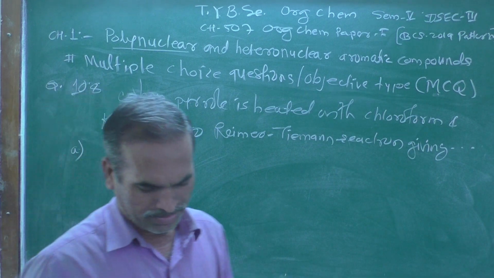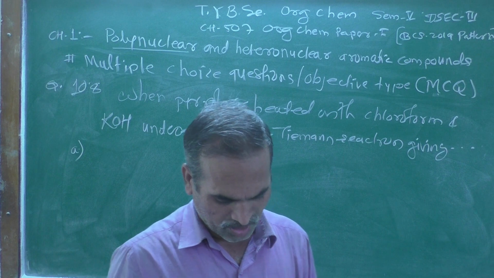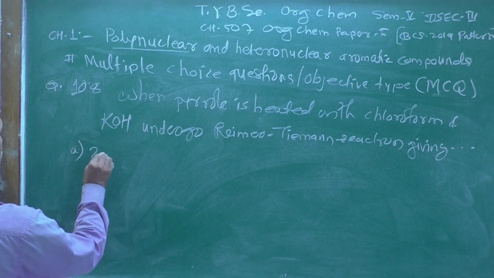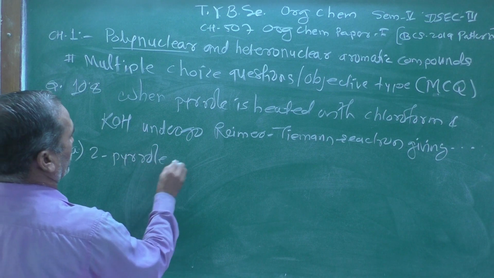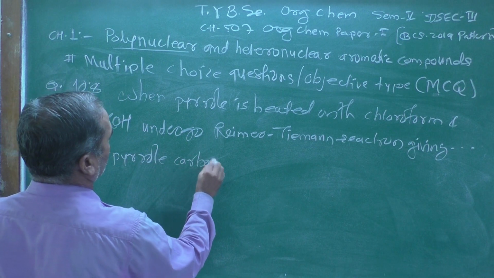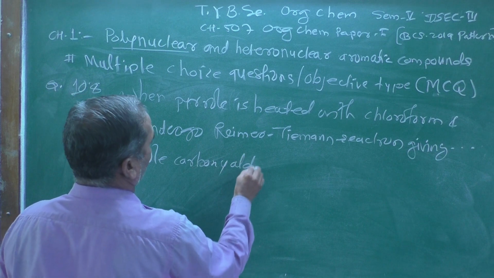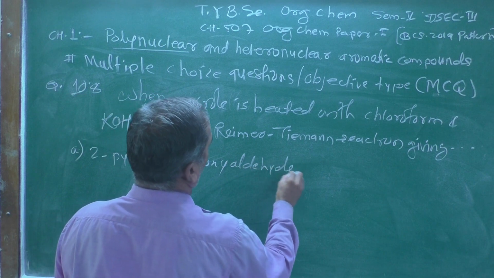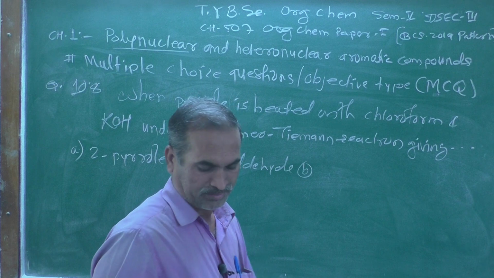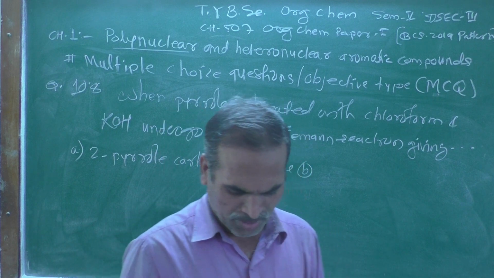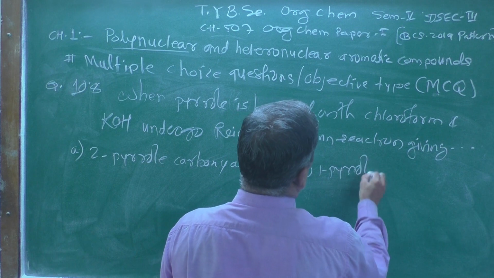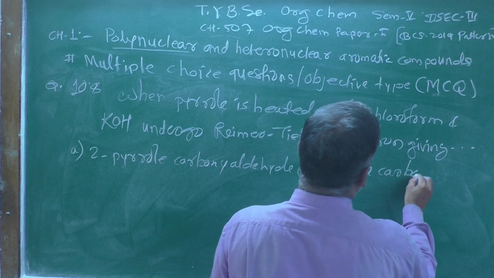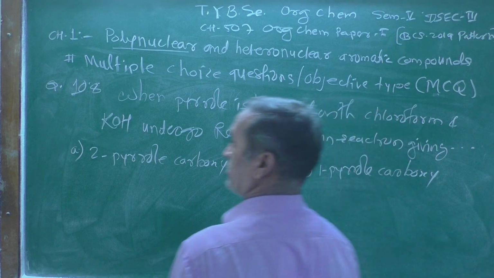A would be 2-pyrrole carboxaldehyde. B would be 1-pyrrole carboxaldehyde.